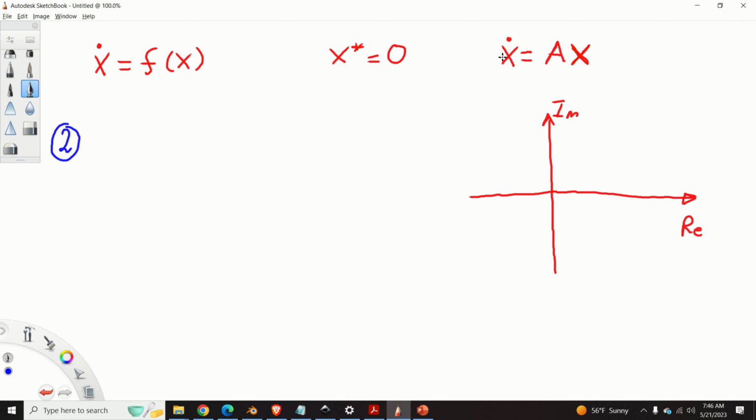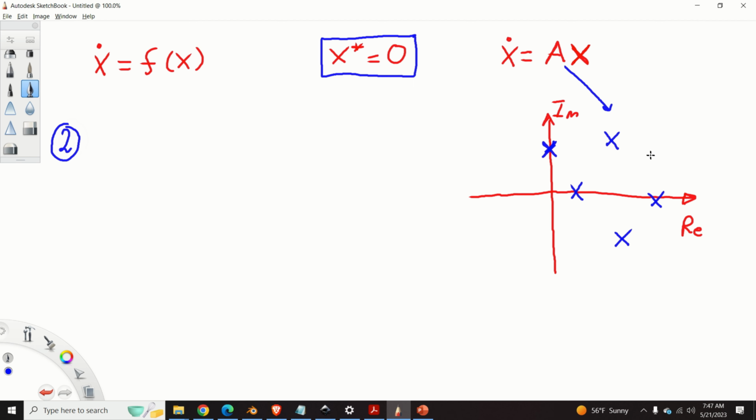Second case. Let us assume that the equilibrium point of the linearized system is unstable. That is, the eigenvalues of the matrix A can be over here, can be, for example, over here, can be over here, or we can have one eigenvalue of the matrix A even touching the imaginary axis.